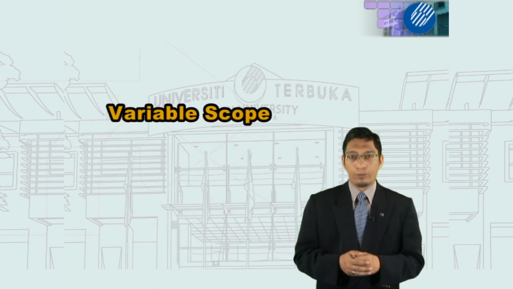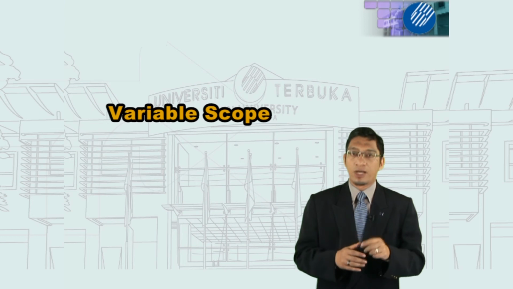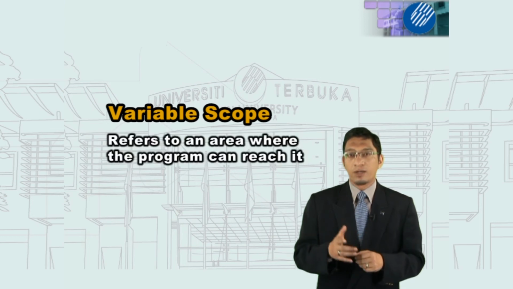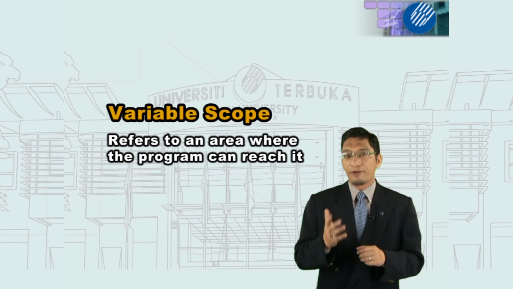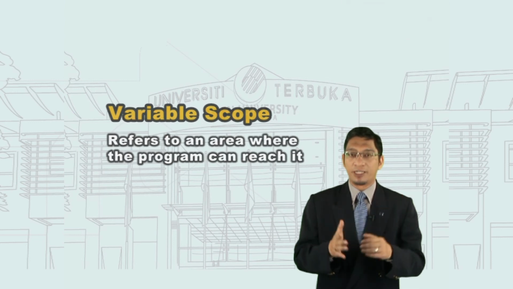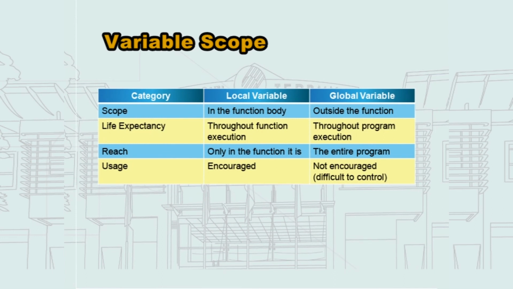Okay, now we look at another important aspect in function, variable scope. What is variable scope? Variable scope refers to an area where the program can reach it. Look at this table. There are two scopes named local variable and global variable. A local variable can be accessed within a function, but a global variable can also be accessed from outside of a function.